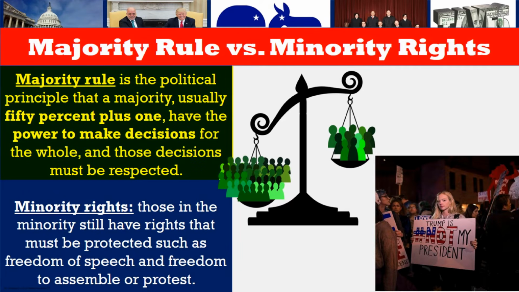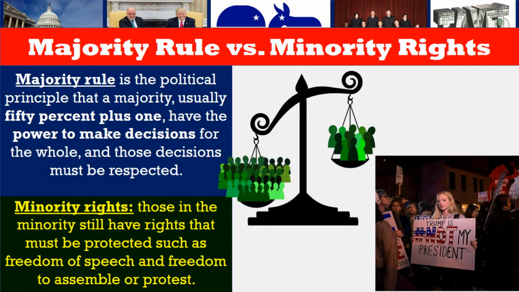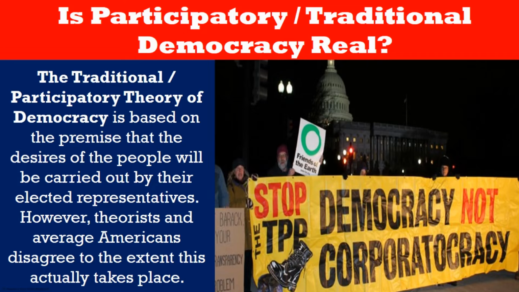Majority rule is the political principle that a majority, usually 50% plus one, have the power to make decisions for the whole, and those decisions must be respected. However, those in the minority still have rights that must be protected, such as freedom of speech and freedom to assemble or protest. The traditional participatory theory of democracy is based on the premise that the desires of the people will be carried out by their elected representatives.